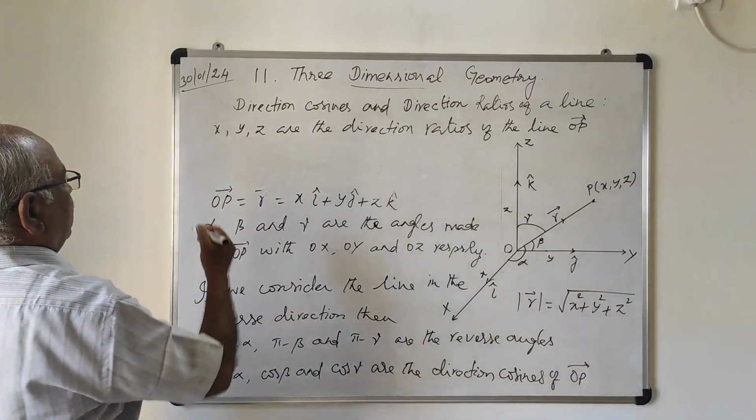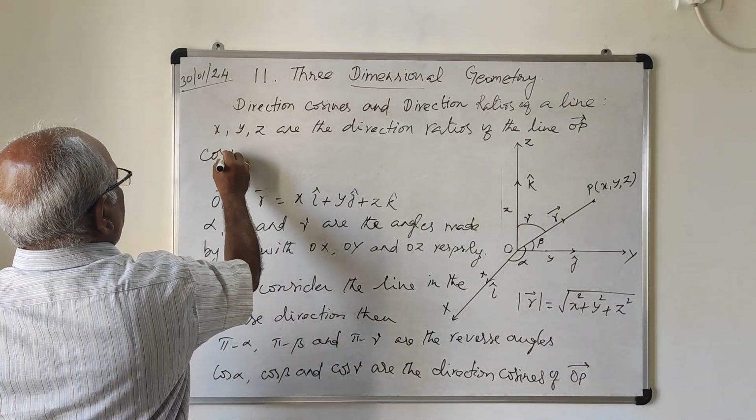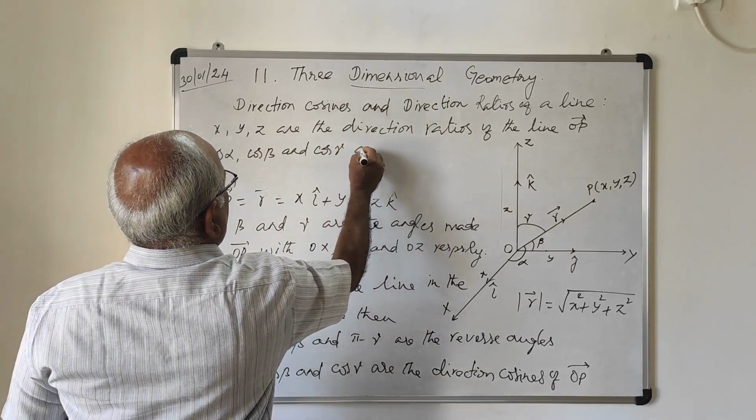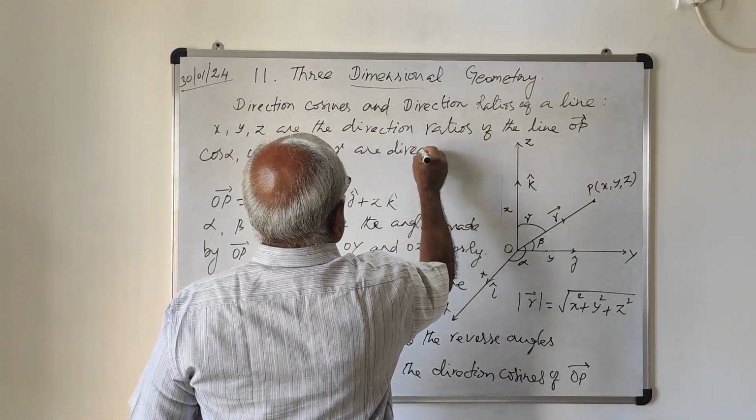The direction ratios of the line are x, y, z, and cos alpha, cos beta and cos gamma are the direction cosines of the line OP.